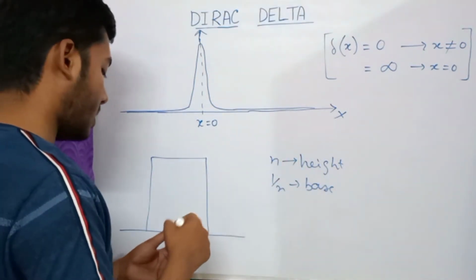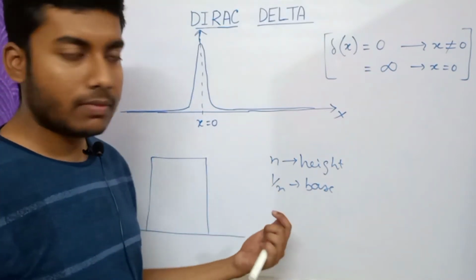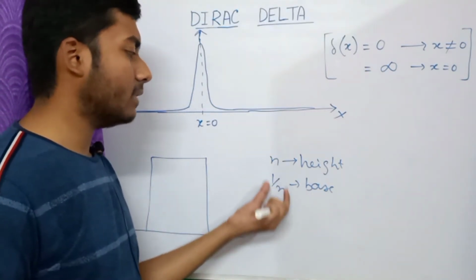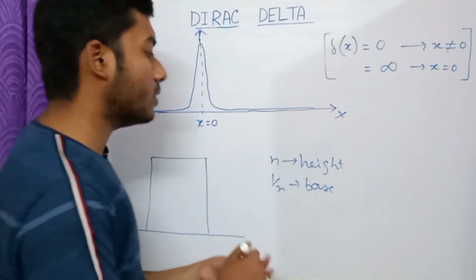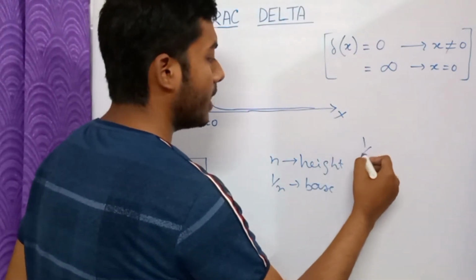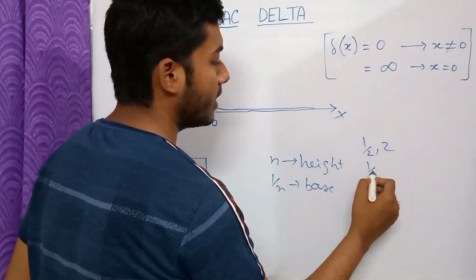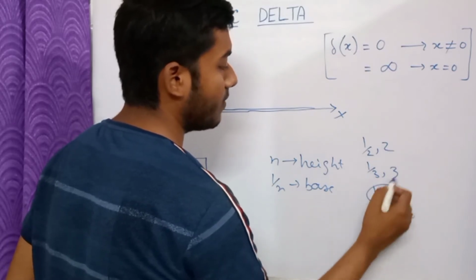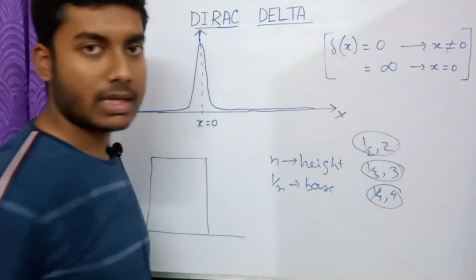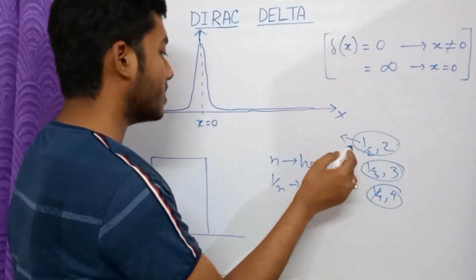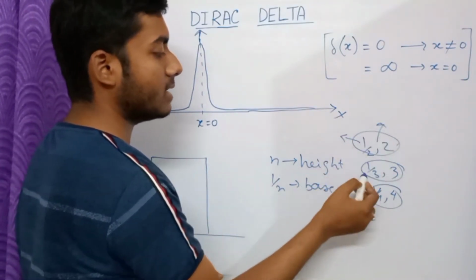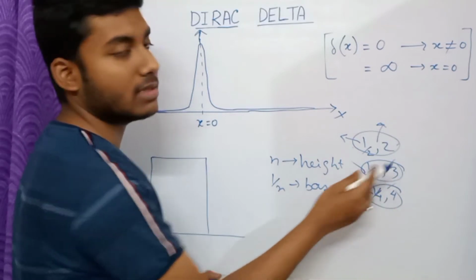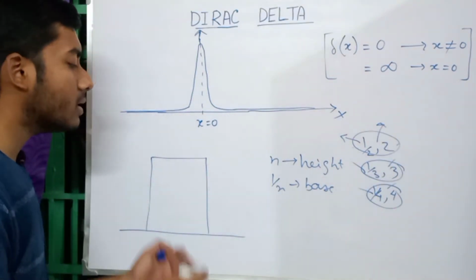As we put in values of n, like 2, 3, 4, we get rectangles with base 1 by 2 and height 2, base 1 by 3 and height 3, base 1 by 4 and height 4. So these rectangles will be like this.